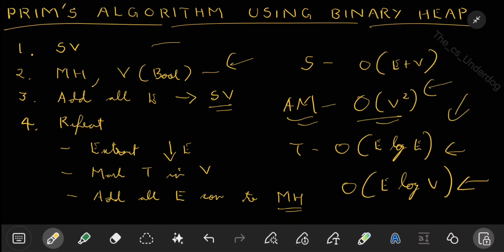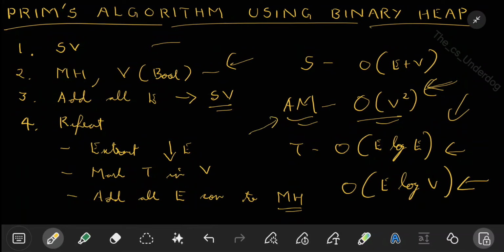The reason is, in case of adjacency matrix, there is no point in using a binary heap, because finding all the neighboring vertices will anyway take order of V time. So order of V into order of V will anyway become order of V square. So gaining some time during the extract operation is not going to be handy in case of adjacency matrix representation.